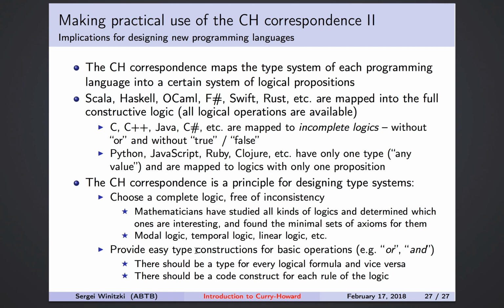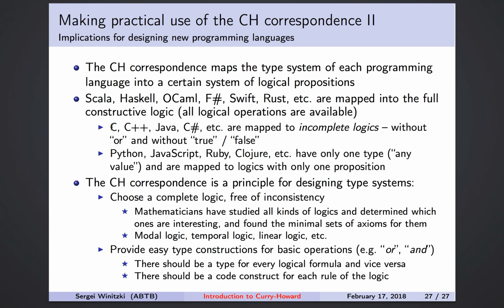So languages like those listed here have all the five type constructions that I listed in the beginning of this tutorial, and mapping them into logic gives a full constructive logic, or full intuitionistic logic, with all logical operations: and, or, so conjunction, disjunction, implication, and the truth constant.